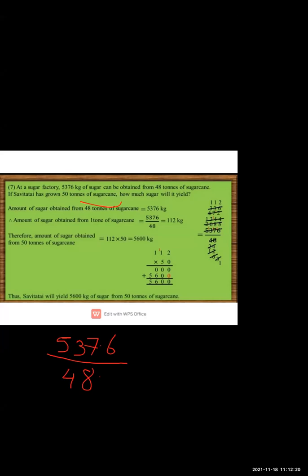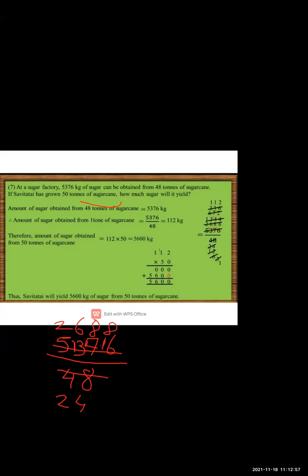So we will divide it first by 2. 2 2s are 4, 2 4s are 8. 2 2s are 4, 1 remain, we will give here. 2 6s are 12, 1 remain, we will give here. 2 8s are 16, 1 remain, 2 8s are 16.